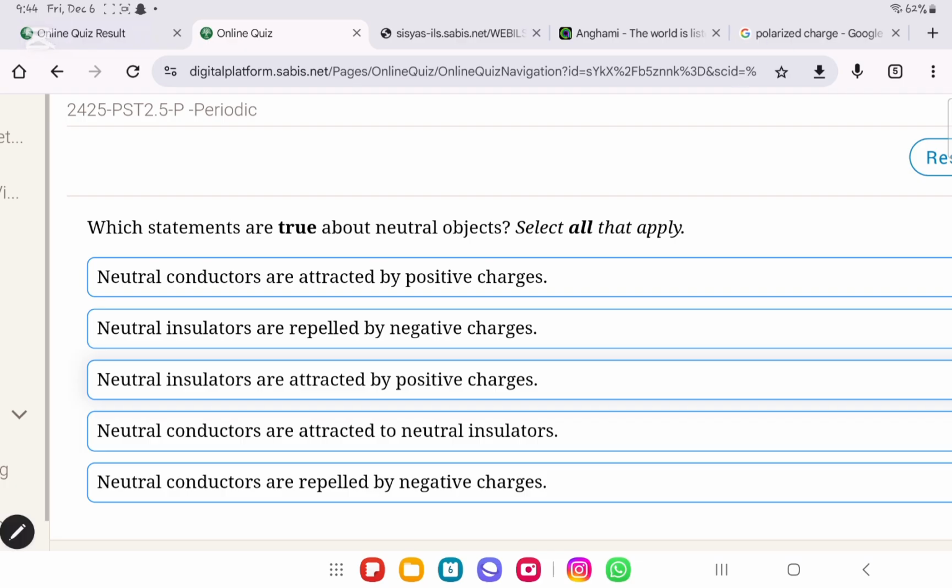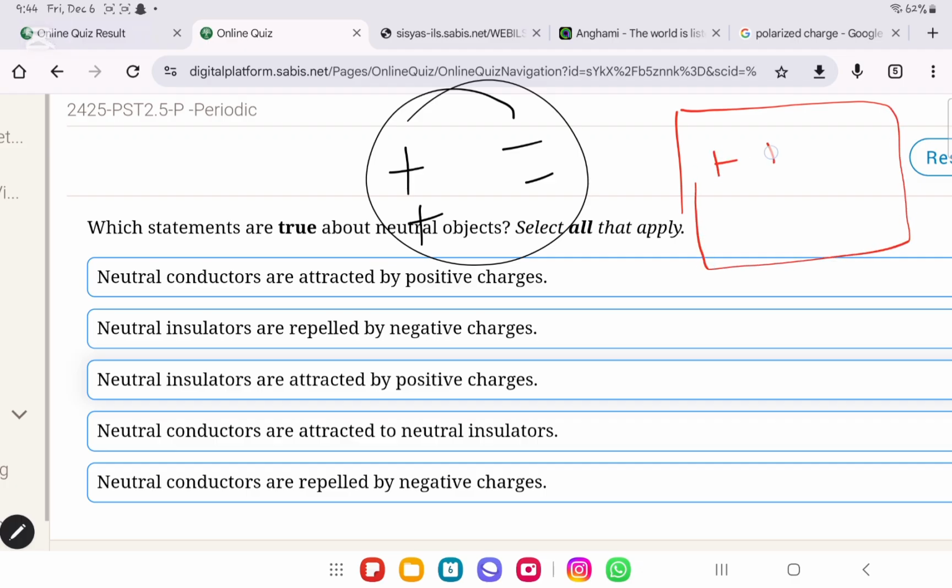So let's think of it like this. I'm going to go really deep into this so it's understandable. We have a ball. This ball, this atom, is neutrally charged, so it has two positive and two negative charges. But if we approach it with a positively charged rod, these negative charges are going to be attracted to this positively charged object. So the electrons are going to be attracted to the positively charged object.